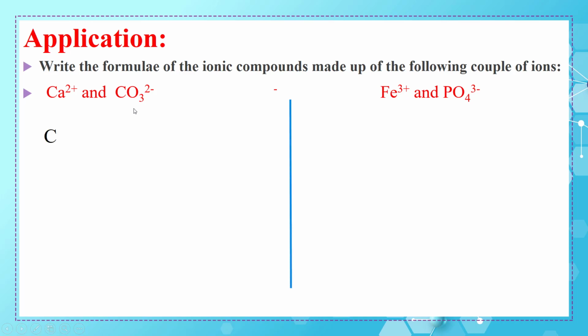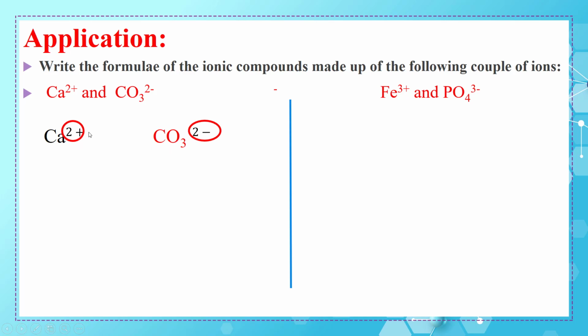We start by the cation, followed by the anion. The second step, we make the criss-cross between the charges. But here, if we observe carefully, I see that the number of charge of the cation is 2 and the number of charge of the anion is 2, so they are equal.